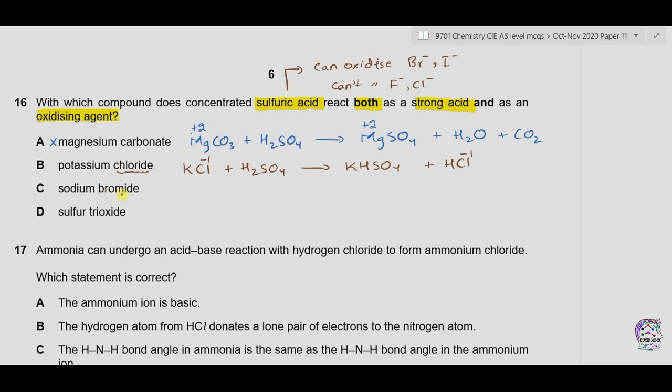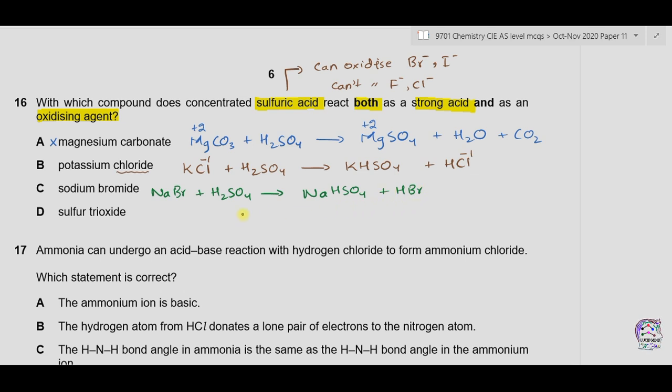Third reaction is with sodium bromide. Now as bromide is present, so therefore it will be oxidized by concentrated sulfuric acid. The first product formed is sodium hydrogen sulfate plus HBr.